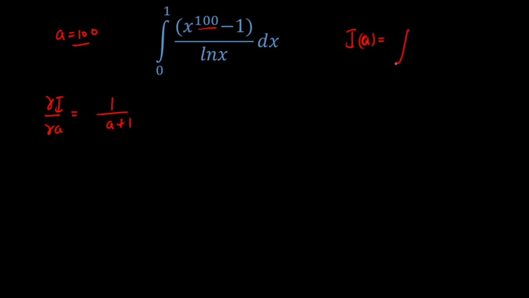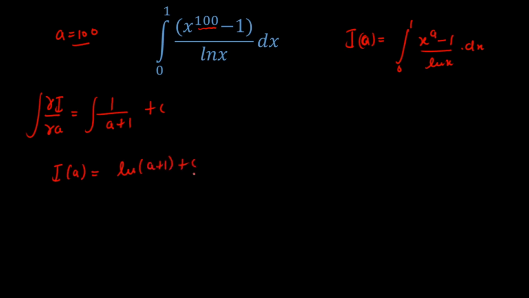So I of a, I took this as the integration from 0 to 1 of (x^a - 1) upon ln of x dx. Now our objective is to calculate the value of I. In order to calculate it, I'll integrate on both sides. I'll get a constant of integration because this is indefinite integration, and I'll get I of a is equal to ln of (a+1) plus c.